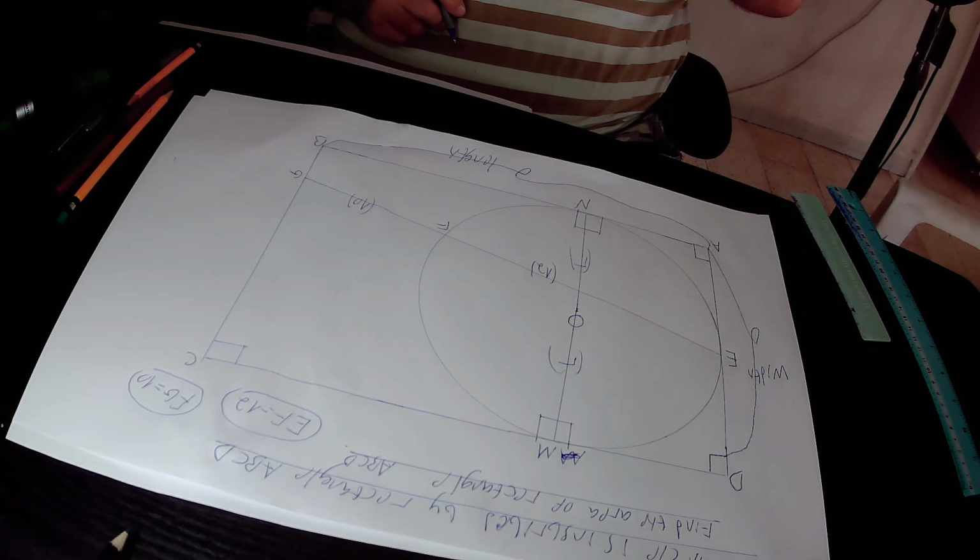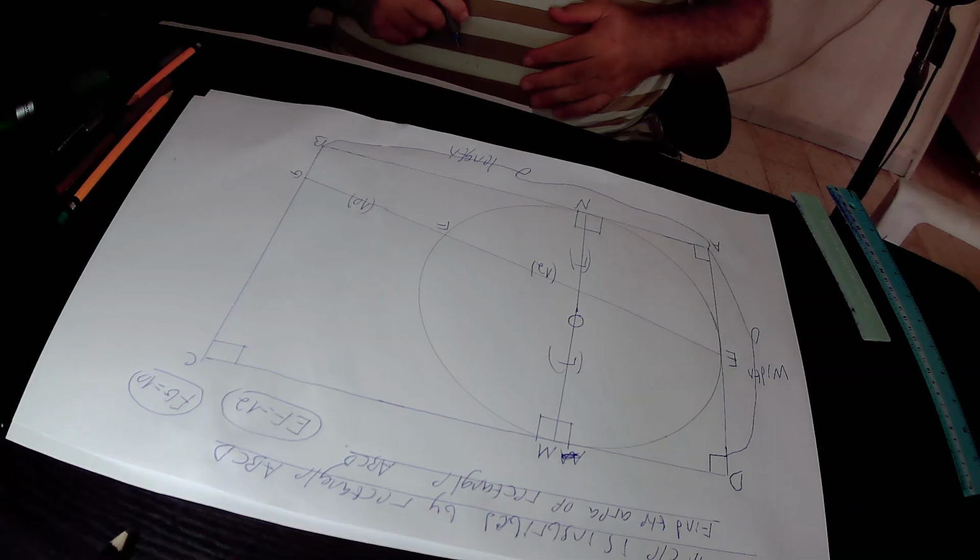We join points O and E together by a straight line.